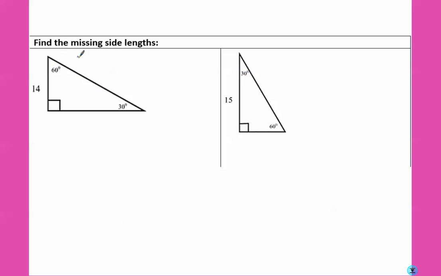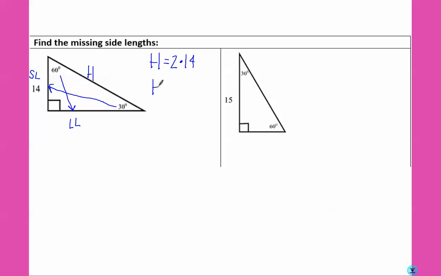Find the missing side lengths. So across from the 30-degree angle, that's our short leg. We need to find our long leg and the hypotenuse. Now I'm going to start with the hypotenuse because that one's typically easier. The hypotenuse is equal to 2 times the short leg.